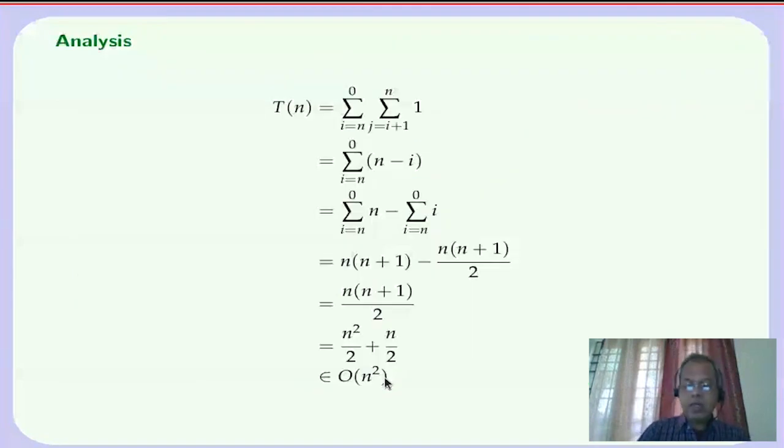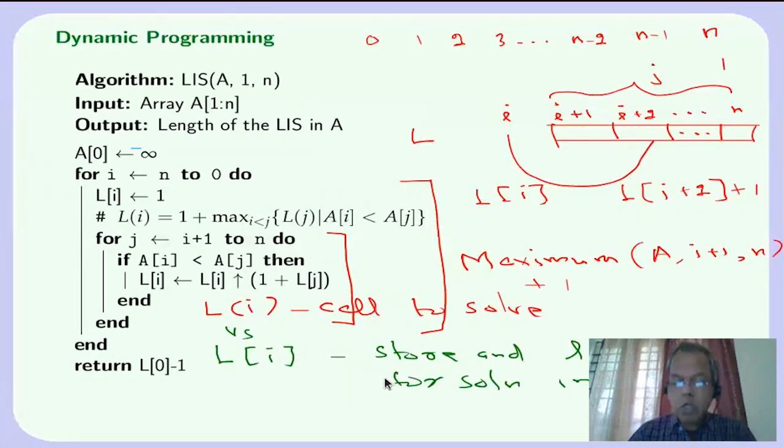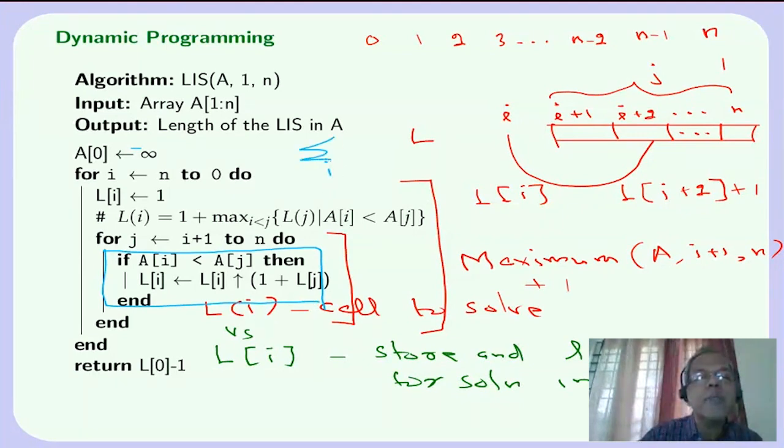Now for analyzing the running time, the innermost loop body takes a constant amount of work. I varies from n to 0, j varies from I plus 1 to n.